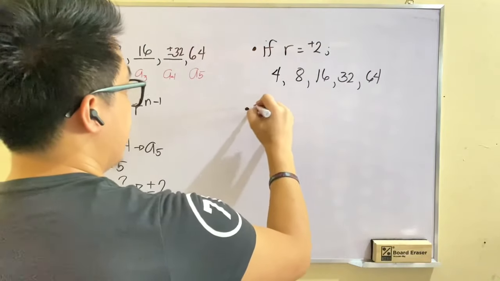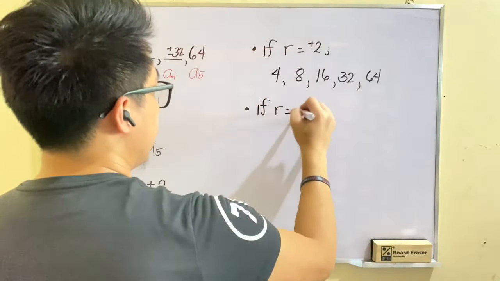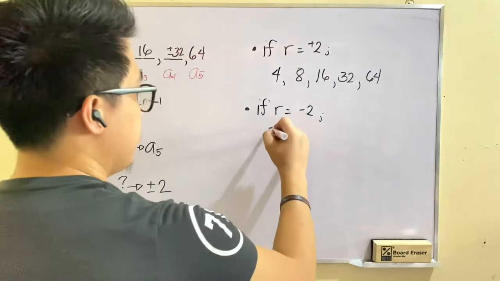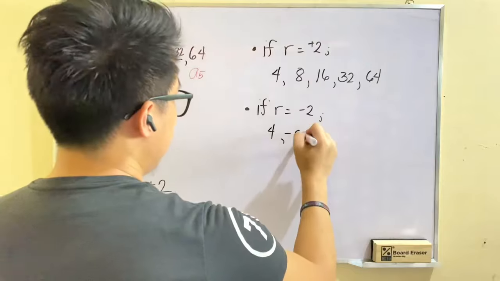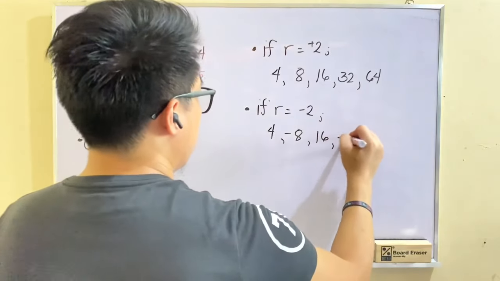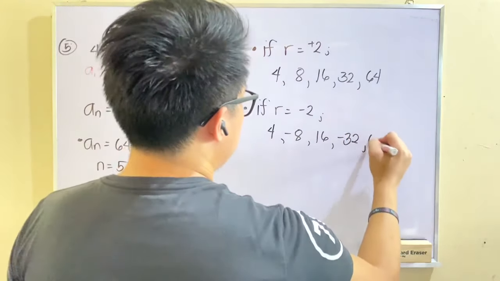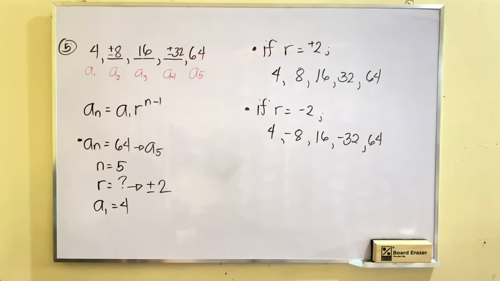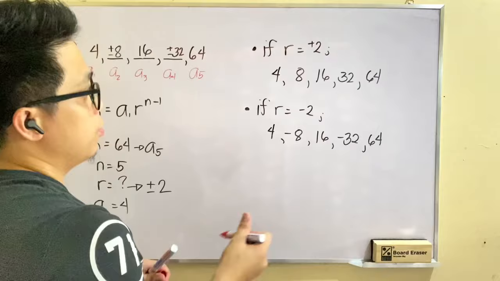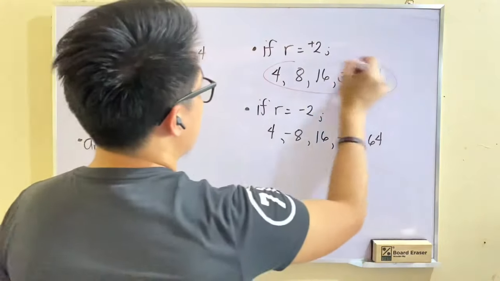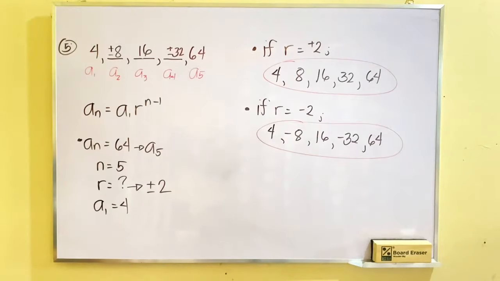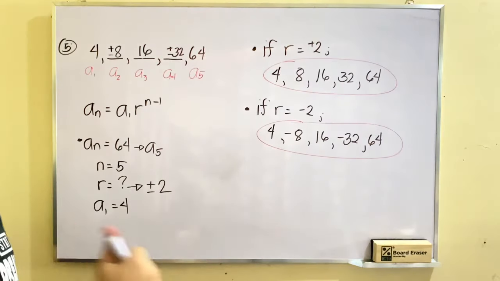And kapag ang ratio is negative 2, therefore our geometric sequence will be 4, negative 8, 16, negative 32, 64, and so on and so forth. So meron tayong dalawang klase ng geometric sequence kasi meron tayong dalawang common ratio. Naintindihan? Very good.